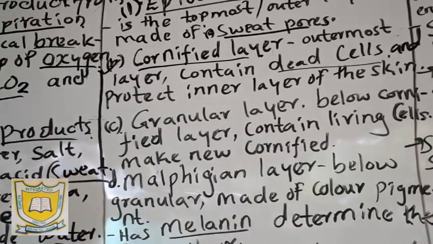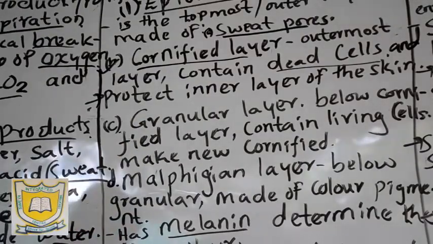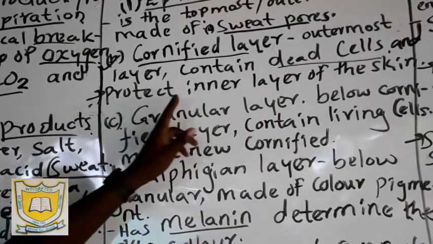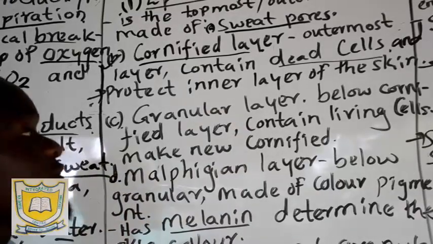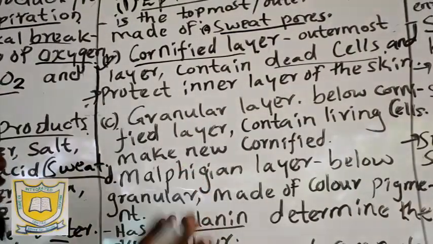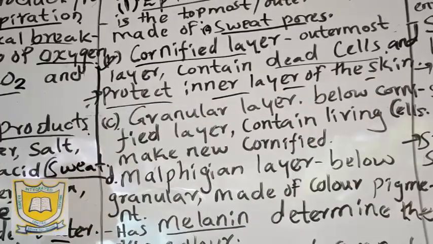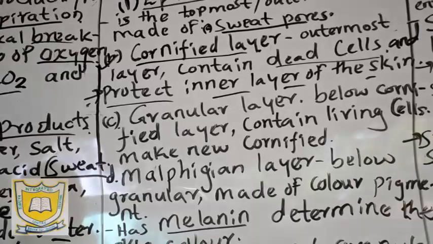Now, what is the function of the cornified layer? If somebody asks you, give the function of the cornified layer. This one consists of dead cells, and it protects the inner layer of the skin.